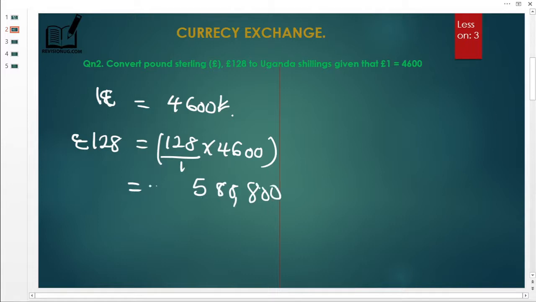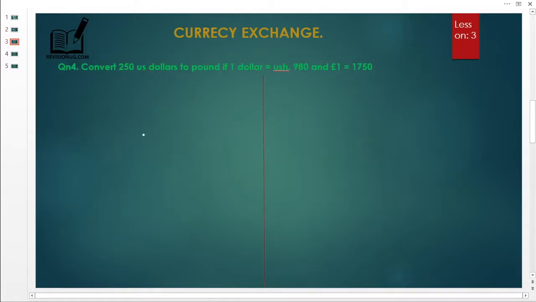So in Ugandan currency. The next example is telling us to convert 250 US dollars to pounds if $1 is equal to 980 Uganda shillings and 1 pound is equal to 1,750. In this question, we are converting the US dollar to a pound.